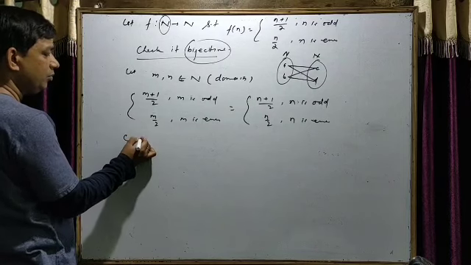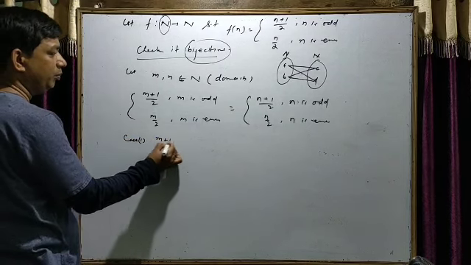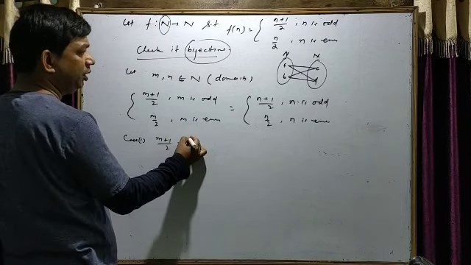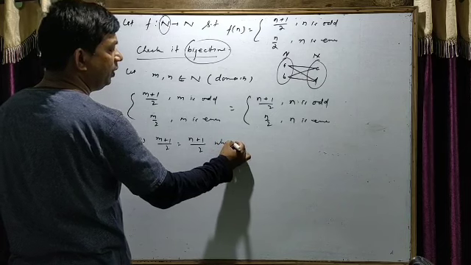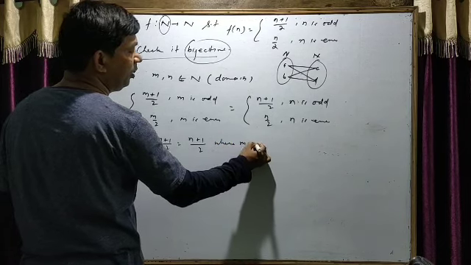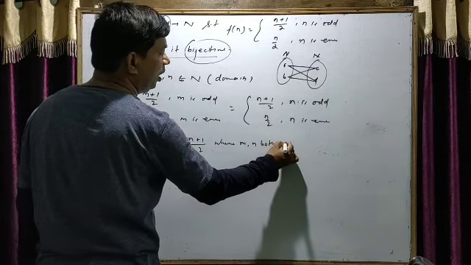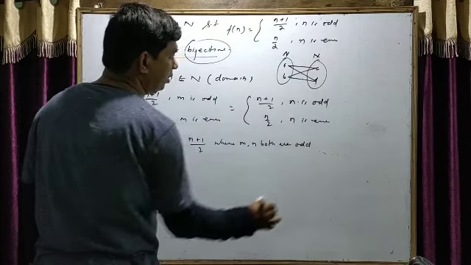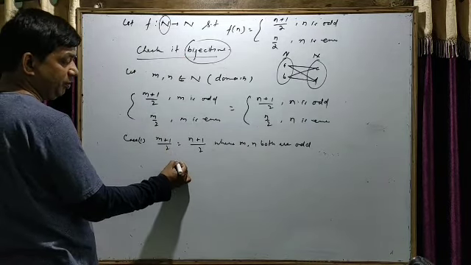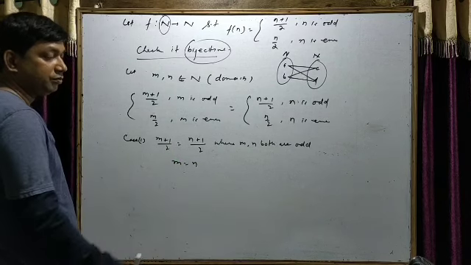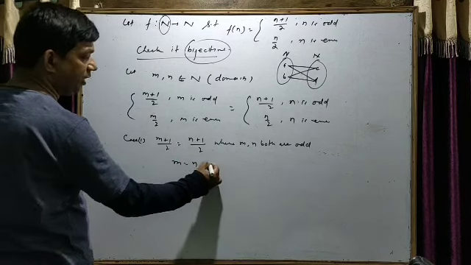Case 1: (m+1)/2 equals (n+1)/2, where m and n both are odd. Then m equals n, which is correct.